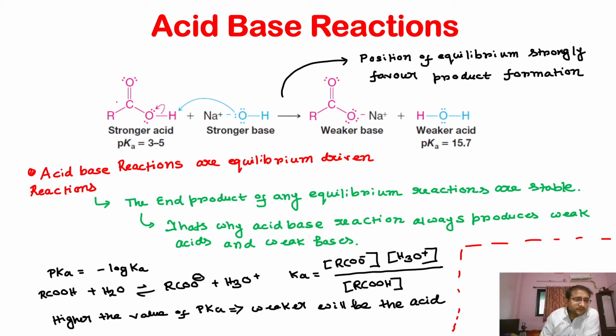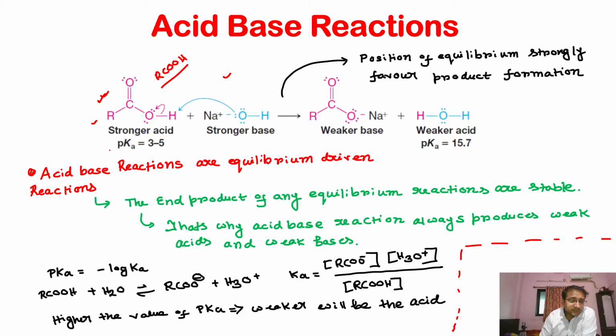Now you can see this is a simple reaction between a stronger acid, that is RCOOH, a carboxylic acid, and sodium hydroxide. Before the start of the reaction we knew that the carboxylic acid is a strong acid and sodium hydroxide is a strong base.